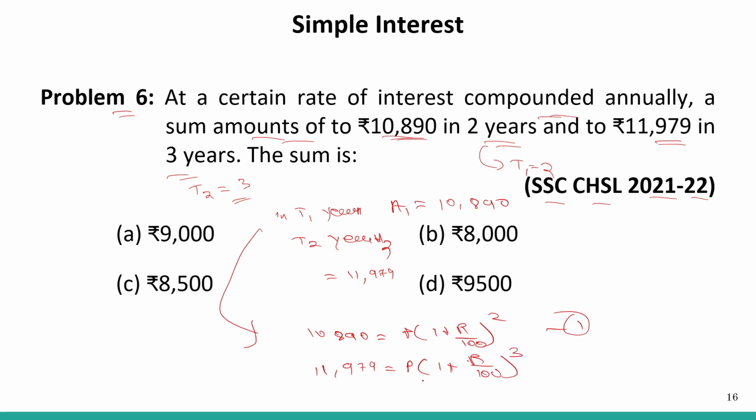So let's do one thing. Let's divide equation 2 by equation 1. So 11,979 by 10,890 is equal to 1 plus R by 100 power 1. This implies that 1.1 is equal to 1 plus R by 100.